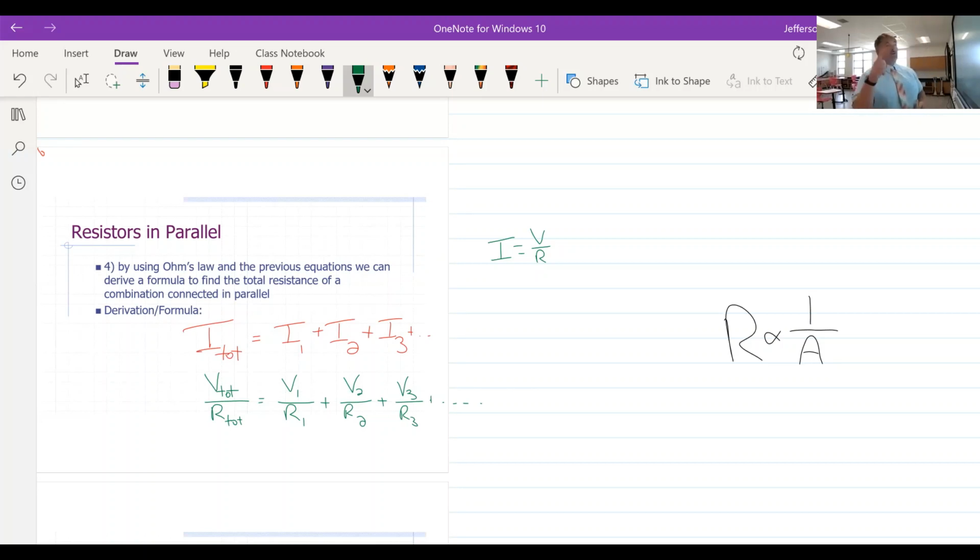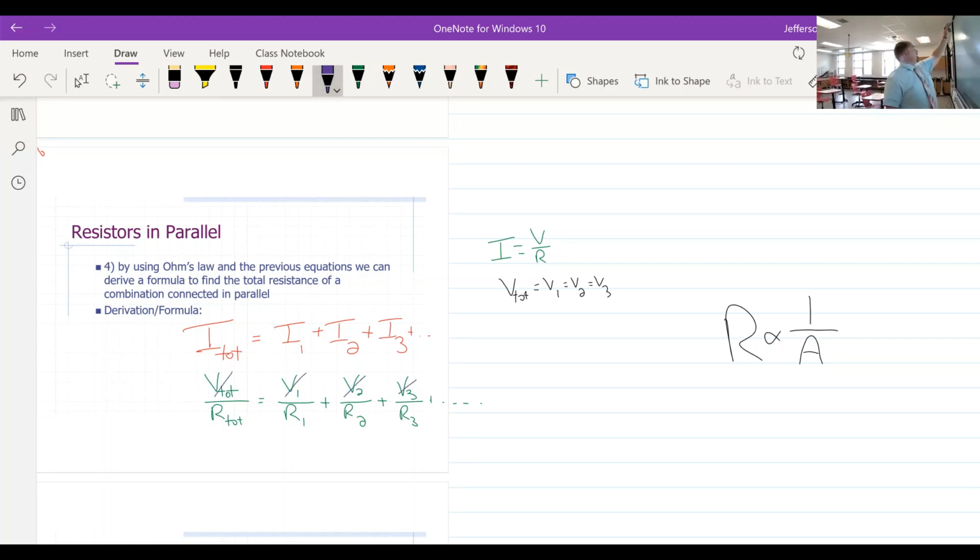Okay? So the other thing I want you to remember and keep in mind is that V total is equal to V1 is equal to V2 is equal to V3. And so if I divide through, since they're all the same, these are all going to cancel each other out.